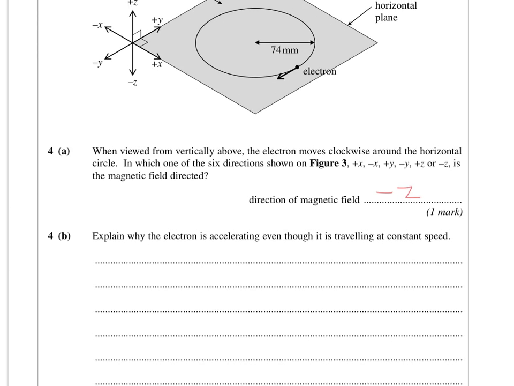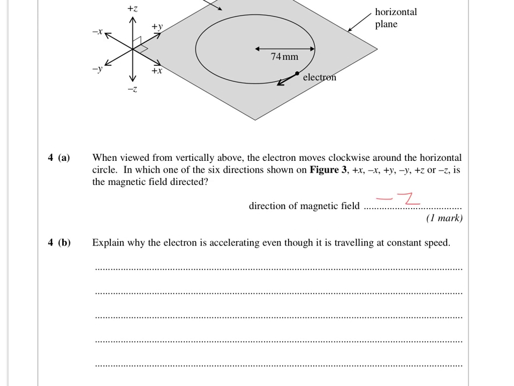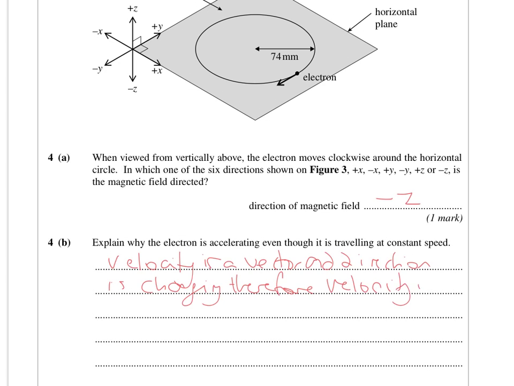Explain why the electron is accelerating even though it's travelling at constant speed. So velocity is a vector and direction is changing, therefore velocity is changing, so it is accelerating.